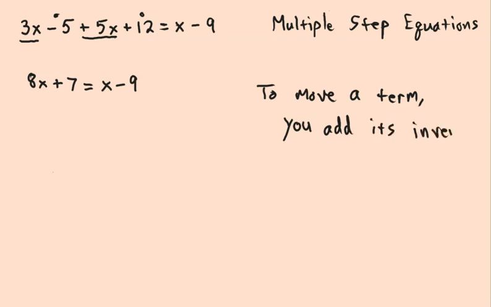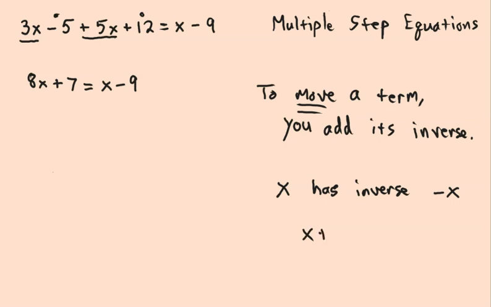So you're going to do an additive inverse in order to move a term over to the other side. So x has an additive inverse, negative x. The additive inverse of x is negative x.